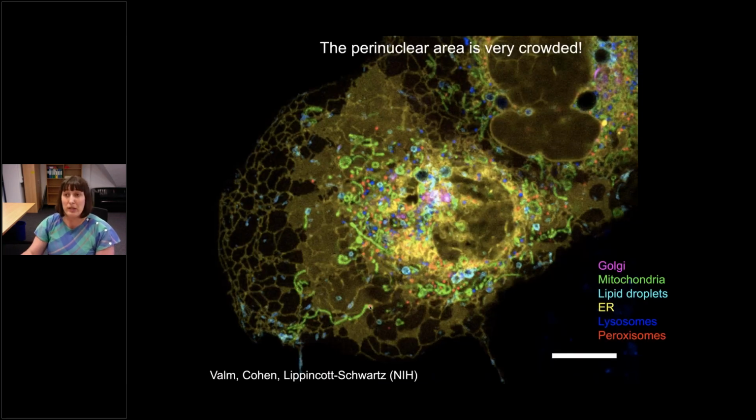I really like to show this image from Jennifer Lippincott-Schwartz's lab, because this really shows what I mean. This is the nucleus of the cell here, and this is the perinucleus, and all these organelles are packed in the same area, and this area is very crowded. So if you really want to see how all these membranes interact, it is very important to have super resolving power.